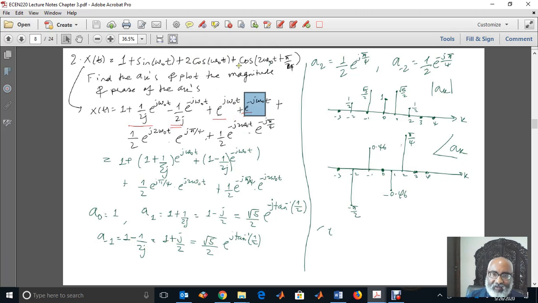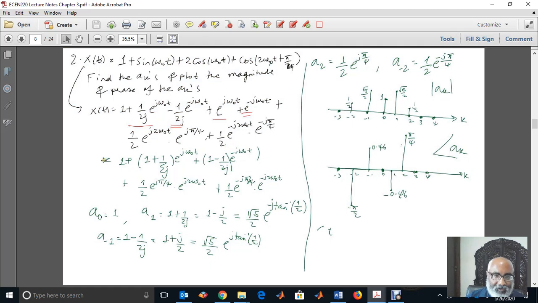Then I have this part. Using Euler, I have half e raised to j 2 omega naught t plus the phase angle pi over 4, but we split it into 2. So times e raised to j pi over 4, plus half e raised to minus j 2 omega naught t e raised to minus j pi over 4.